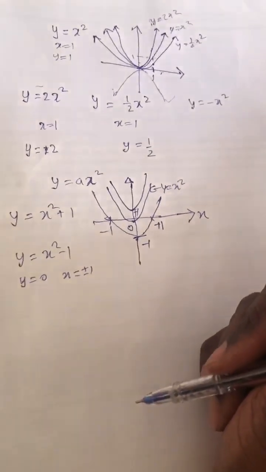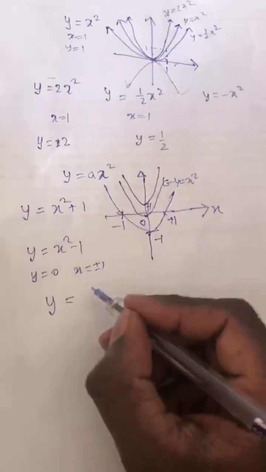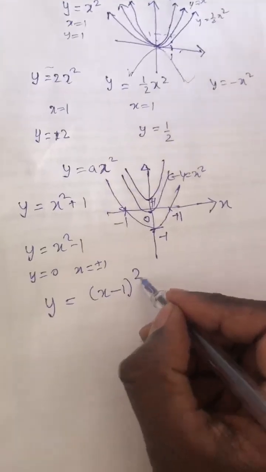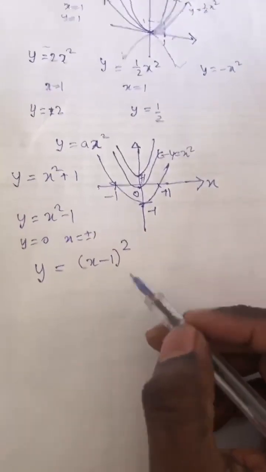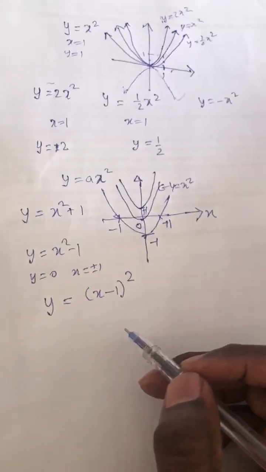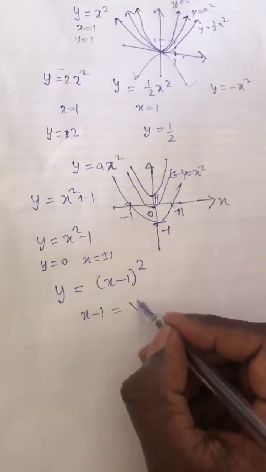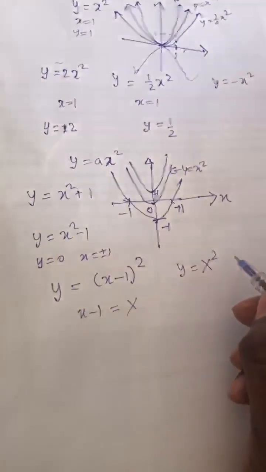Okay, so then we try x minus 1 squared. We can assume like this. Let's take x minus 1 equals capital X. So the graph is y equals capital X squared.